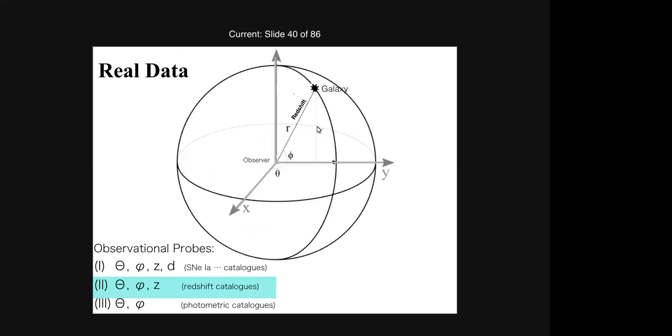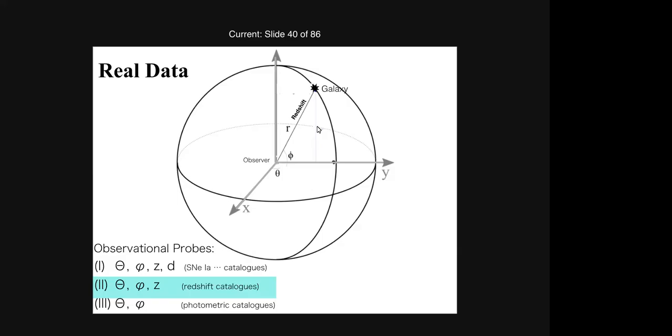It would be nice to have a lot more sources. But if I go and look at the catalogs that give me a lot more sources, then I lose information, because measuring distances is very hard and it's basically local. So I have catalogs that are redshift catalogs. They give me the angular position of the sources in the sky, theta and phi, and they give me the radial position, the redshift, but then I don't have any distance measurements.